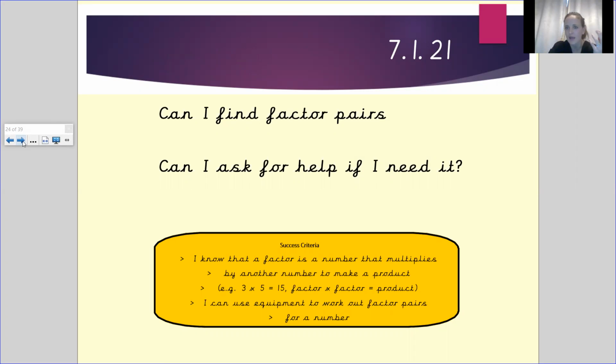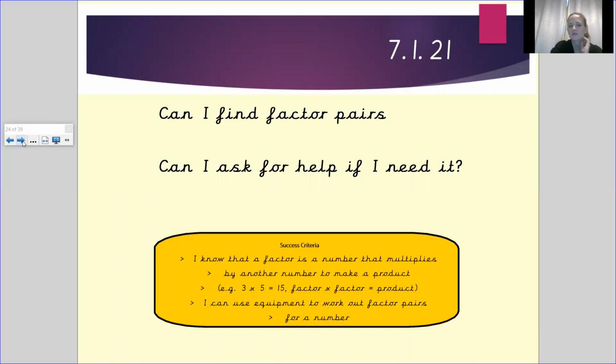So 3 and 5 are factors of 15. 15 is our product, the answer to our multiplication question, and 3 times 5 are the factors, because if we times them together, we get an answer. I can also use equipment to work out our factor pairs for a number.